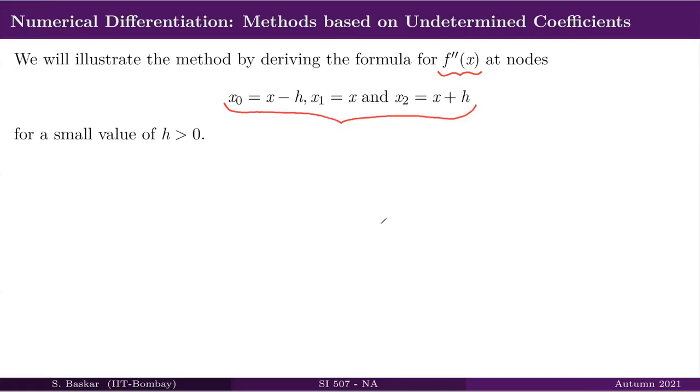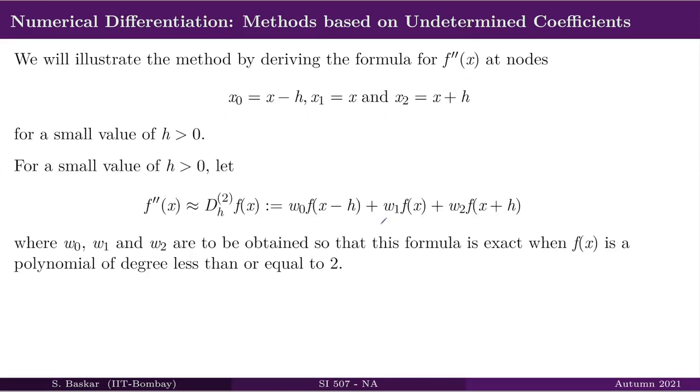Therefore, we are trying to derive a central difference formula for f double dash of x with 3 node points. Similarly, if you have 5 node points, you can also derive a central difference formula for f dash, f double dash, and so on. But let us consider these 3 nodes and see how to derive the finite difference formula for f double dash of x.